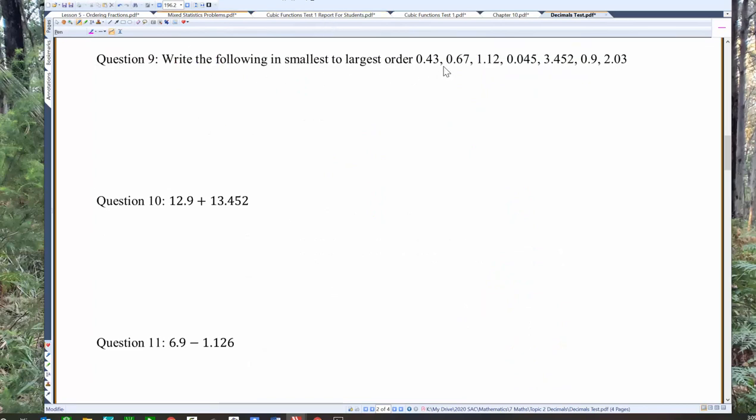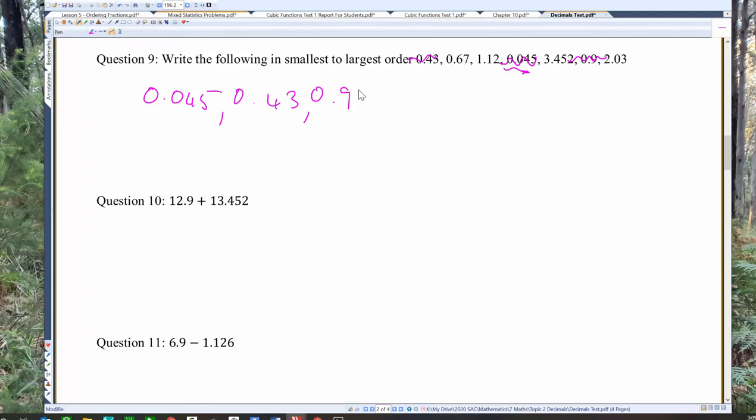In ascending order, so we're looking for the smallest one, which looks to be this one here, 0.045, followed by this one here, 0.43. Now it's going to be this one here, 0.9. I should probably get rid of them once I've used them.